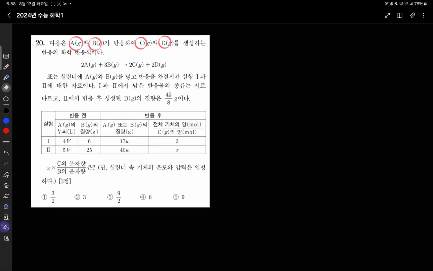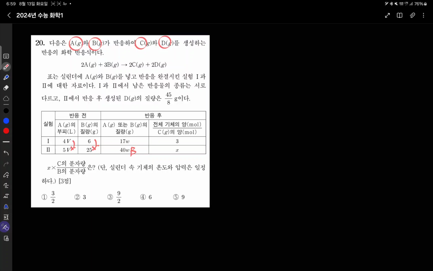So if we compare the amount of A and B in the two experiments, in the second experiment, both the A and B amounts increased, but the percentage of increase is much higher in B than in A. That means in the second experiment, B will be left over.